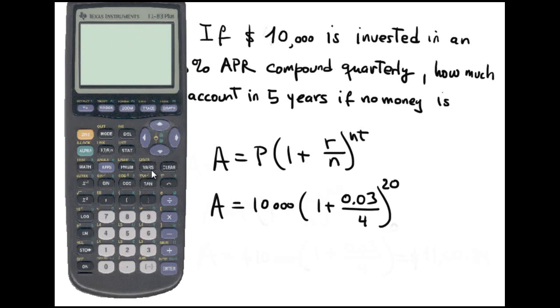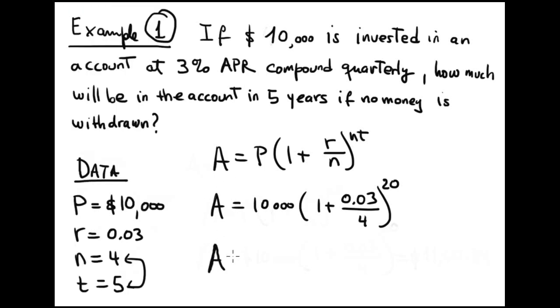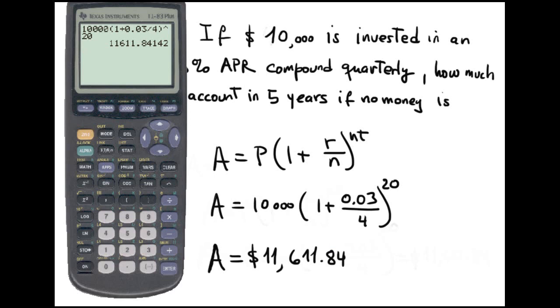In the calculator we have 10,000 parenthesis 1 plus 0.03 over 4 close the parenthesis, power 20. And the answer is future value is equal to $11,611.84. You round to the nearest cent, 84. Okay, perfect.